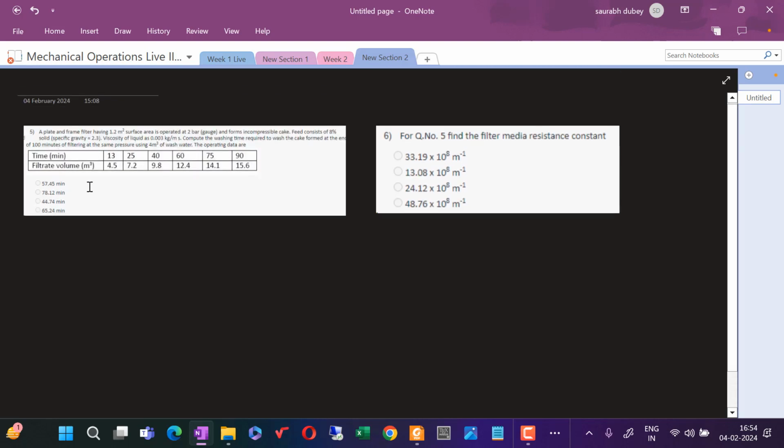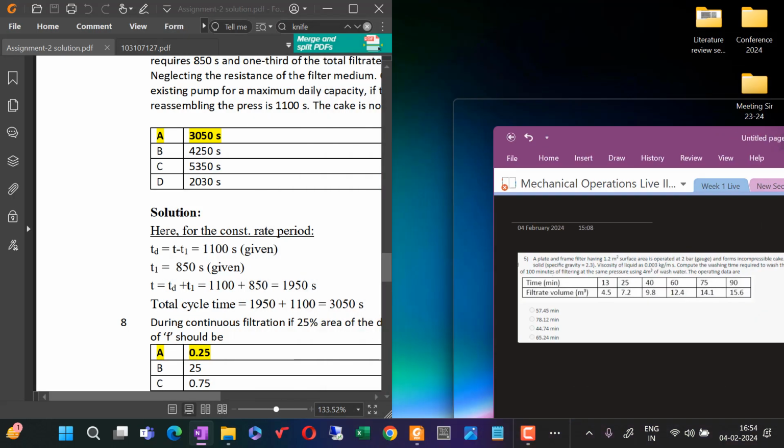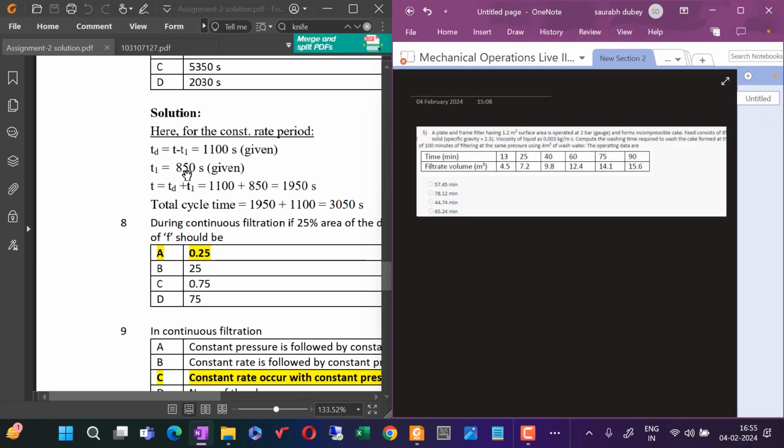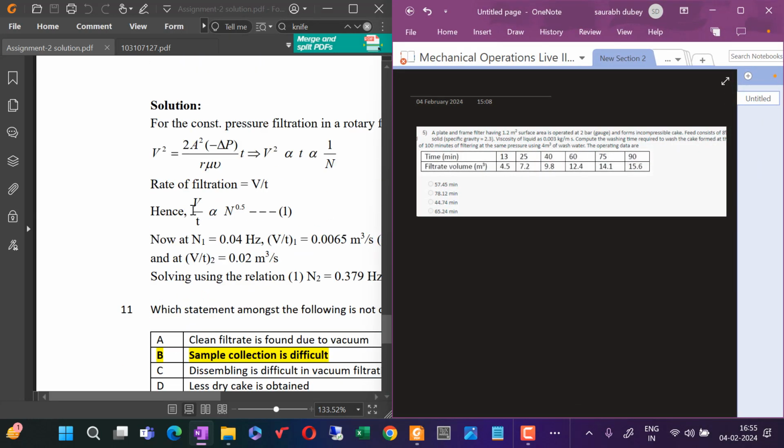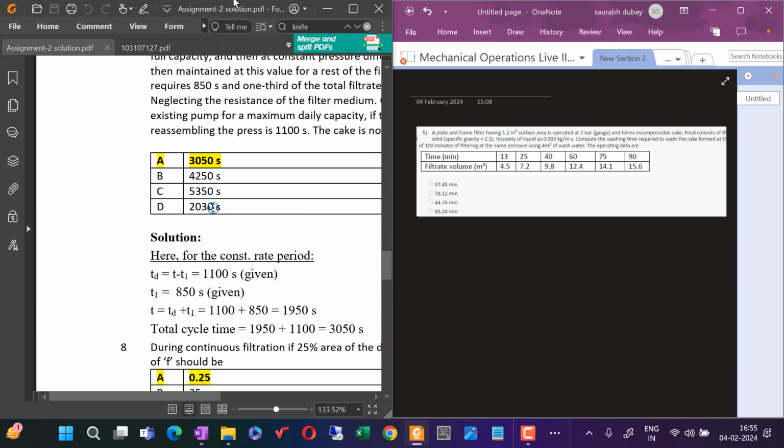So when you solve, you are given the time versus this filtrate volume plot. So V versus time you are given. So slope of the V versus time will give you dV by dt or dt by dV, whatsoever you are willing to calculate. So let's go for the problem itself.